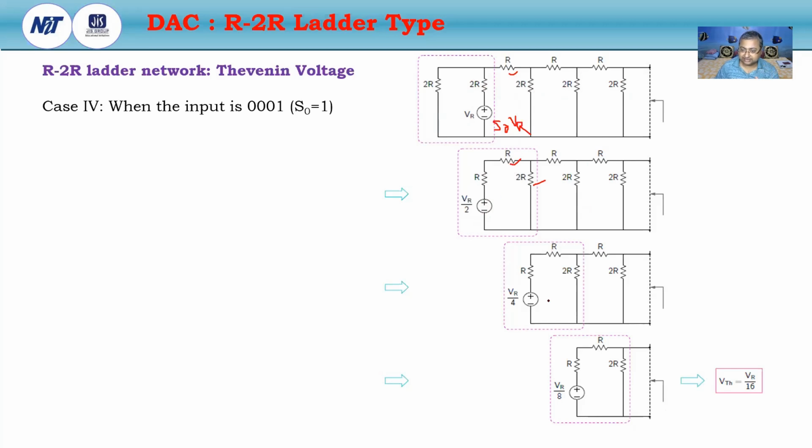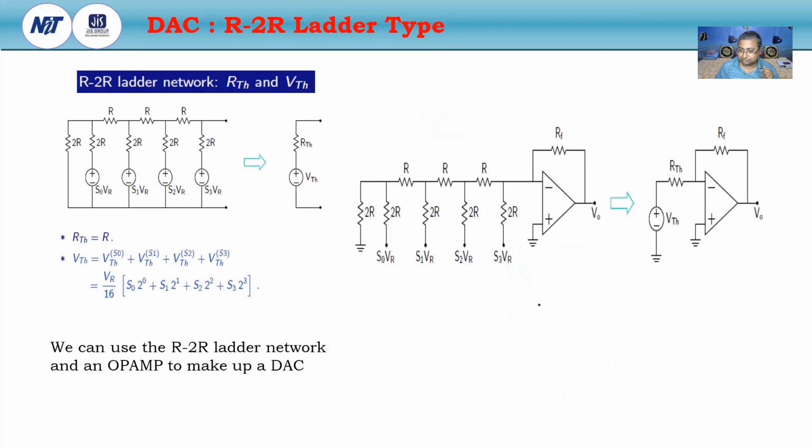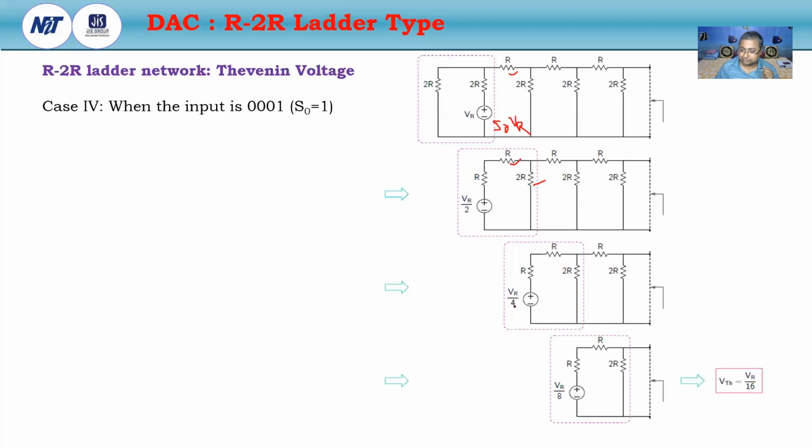Then come to the second. Here this is the Thevenin resistance R, but the Thevenin voltage will be R plus R twice R. So twice R by twice R plus twice R into VR by 2. So then you will get VR by 4.